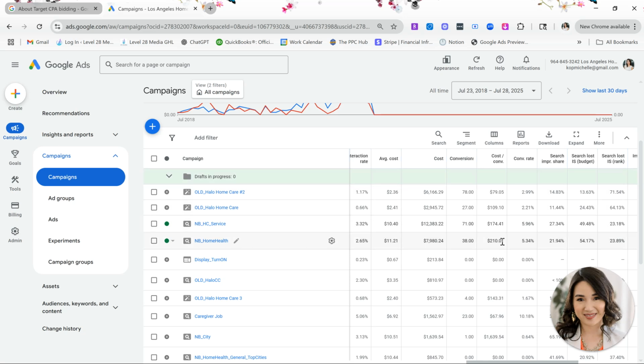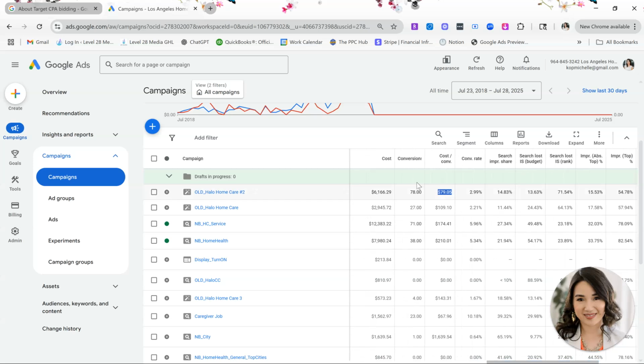You want to use these numbers as starting points, and you can only set a target cost per acquisition per campaign. You can't set it across ad groups. It has to be per campaign here.